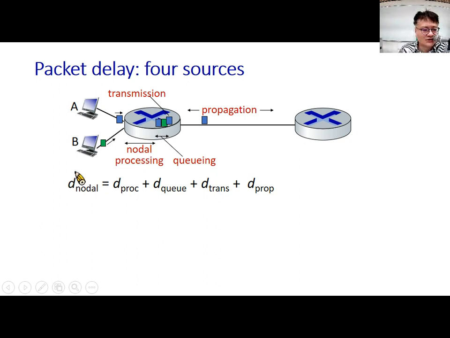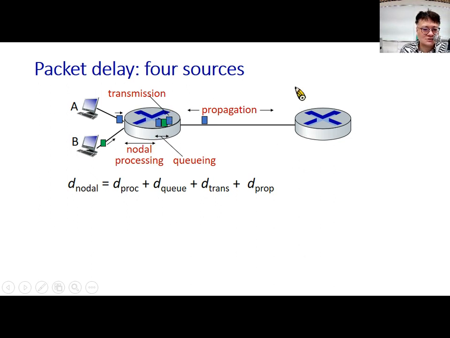The total delay should be nodal processing delay plus queuing delay plus transmission delay plus propagation delay, right? It's the same concept because the total delay comes from these four sources.